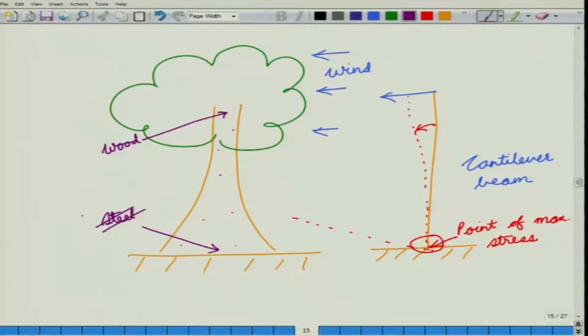So, because steel is not an option, it will add more material here, giving it a larger diameter at this point, and at this point it will add less materials, giving it a smaller diameter. So, this should intuitively result in a tapered form of the tree stem with more materials added downwards, giving larger diameters at the bottom and lesser materials added upwards, giving smaller diameters at the top.